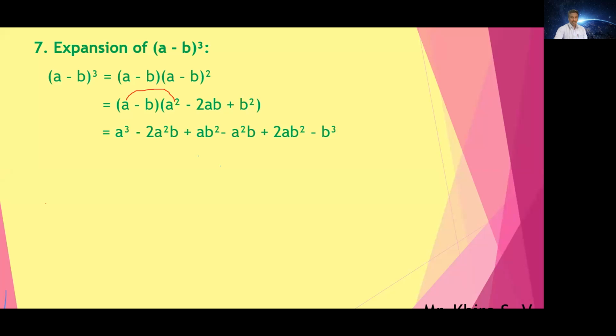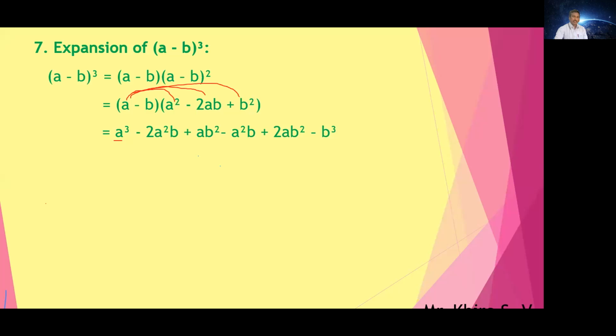A into a square, we will get a cube. A into minus 2ab means minus 2a square b. Then a into b square means ab square. Now first term we have multiplied to second bracket.